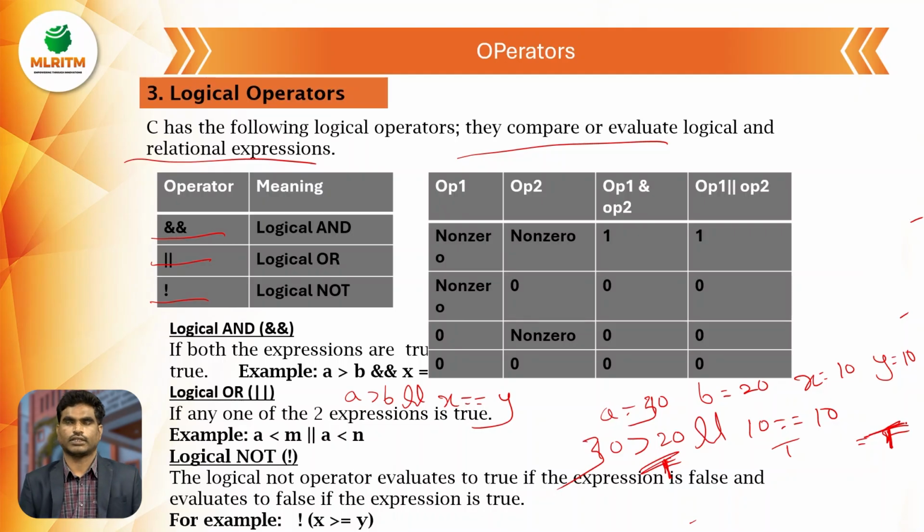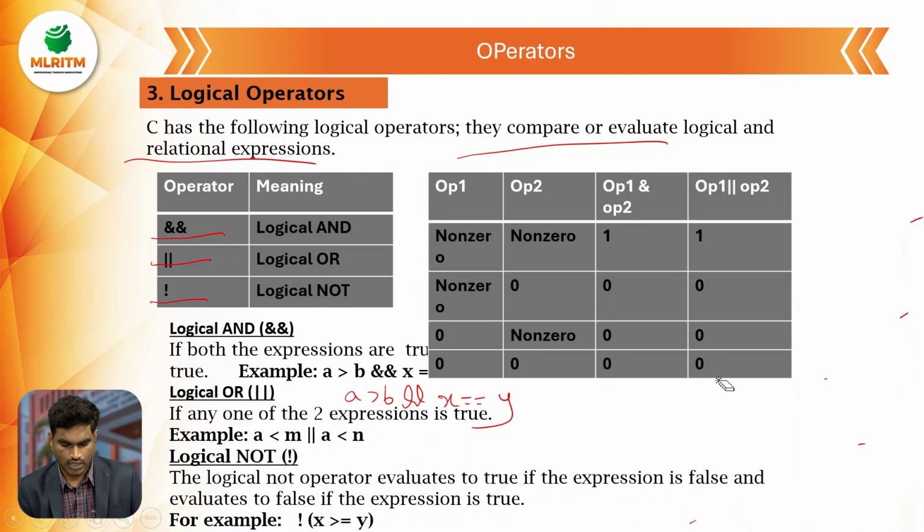Next one is the logical OR. I'm giving one more example, that is the logical OR. Here, what is the A value? A value is 10, M value is 20, N value is 5.